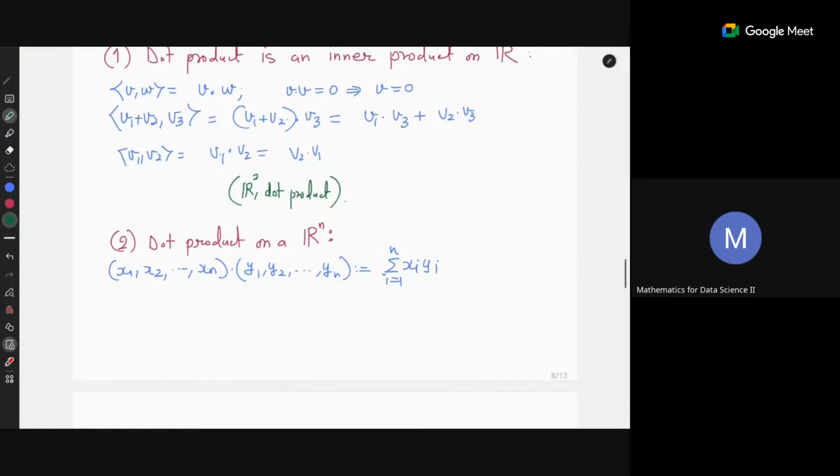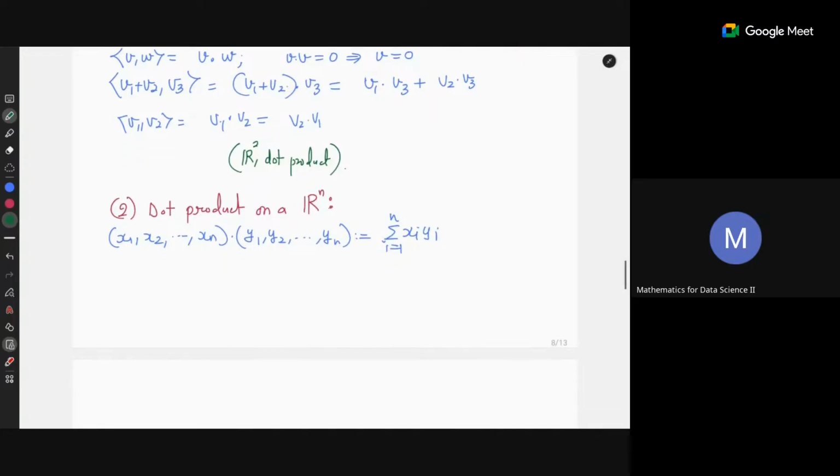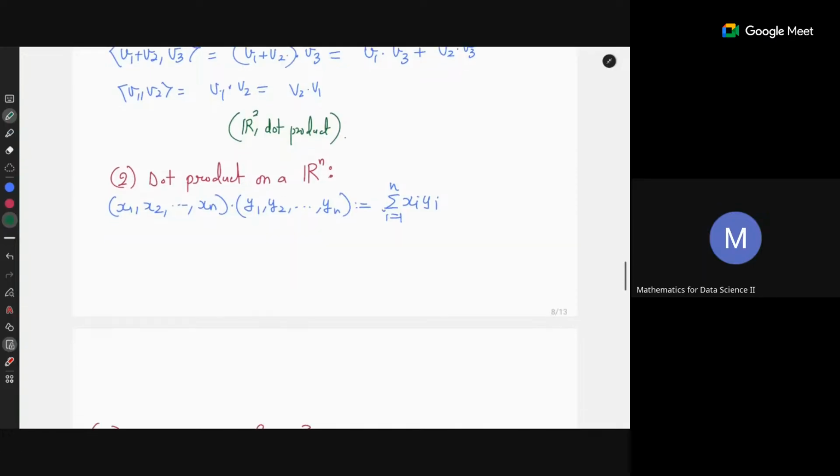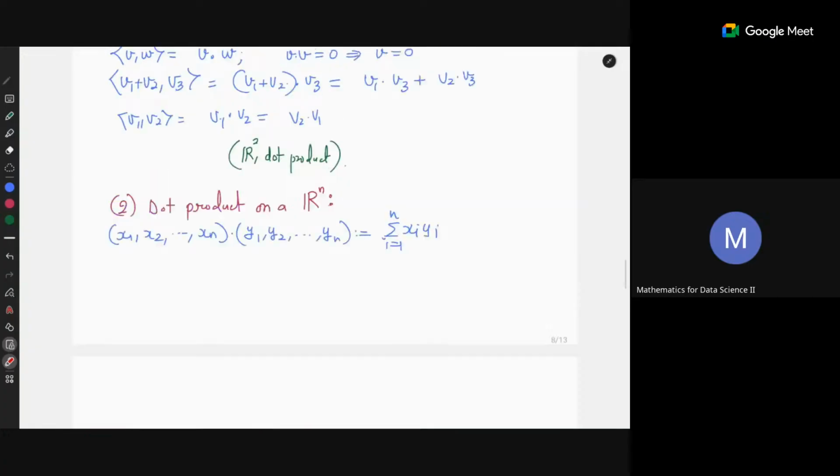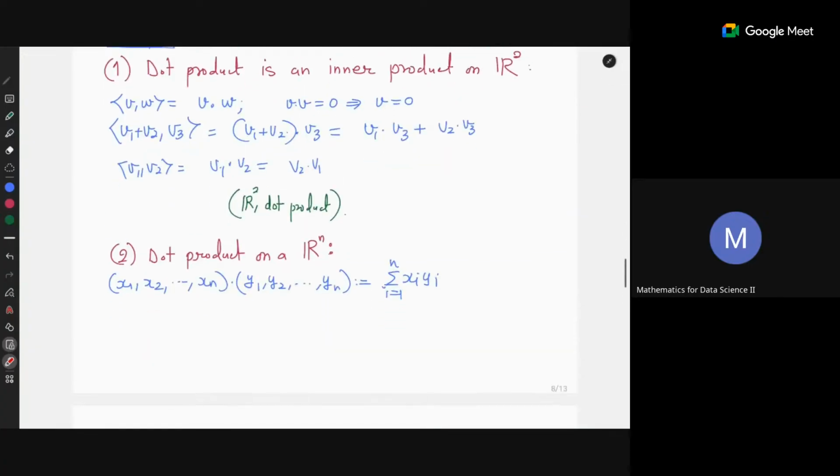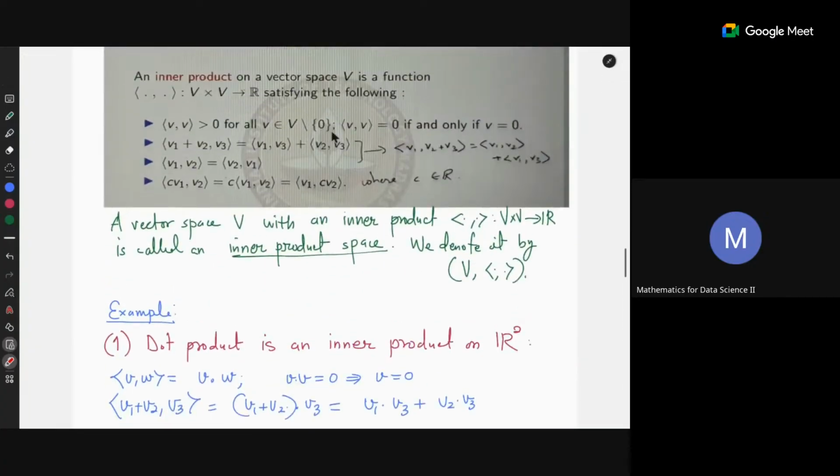All right. Similarly, we can define our dot product on Rn also, as we discussed. How do we define that? You can take two vectors x1 to xn and y1 to yn and define their dot product to be the sum of the product of the coordinates, like this. You can check that this satisfies all those four properties.